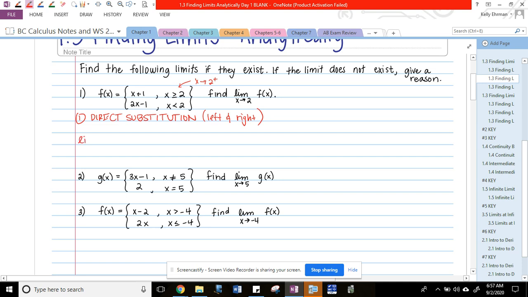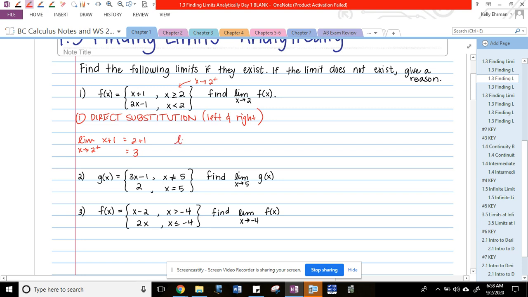So the limit as x approaches 2 from the right of x plus 1. I like to write the equation if I can, if it's not too complicated, rather than just f of x. What does that limit equal? Well, again, you're just plugging in 2. So 2 plus 1 is 3. So the limit on the right side of 2 is 3.